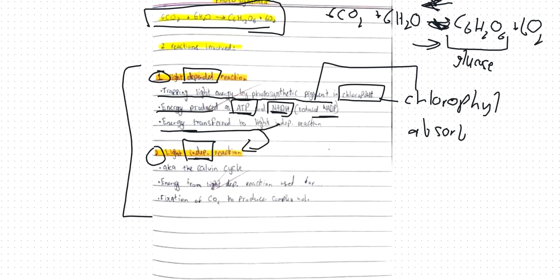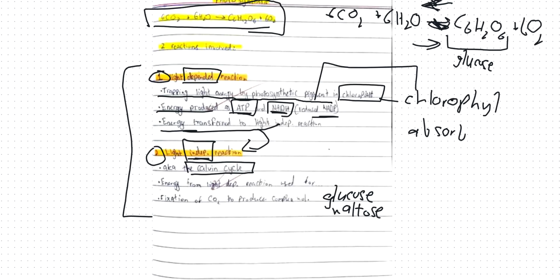This reaction is also known as the Calvin cycle. In this reaction, you will make molecules. You would make glucose, maltose, all of that stuff needed for growth.